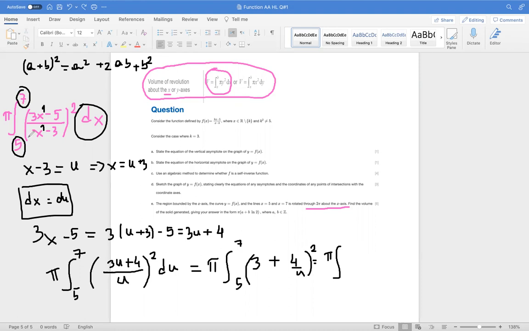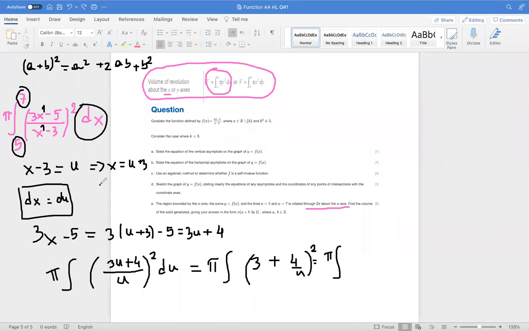So when x equals 7, what happened to u? So we need to change them. We don't have 7 and 5 anymore. I was going to say that in the end, but let's just do it now.